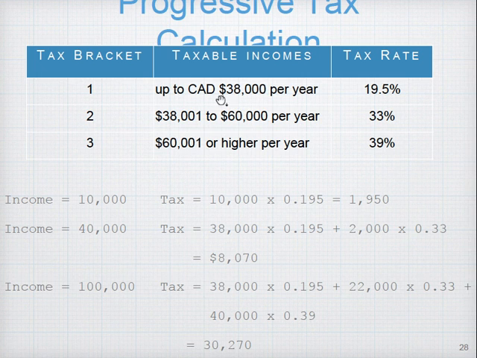After deducting that, the taxable income would go like this. So the first 38,000 may go like this, and then between $38,000 and $60,000, that portion you pay 33%. And for the portion above 60,000, you pay that percent.